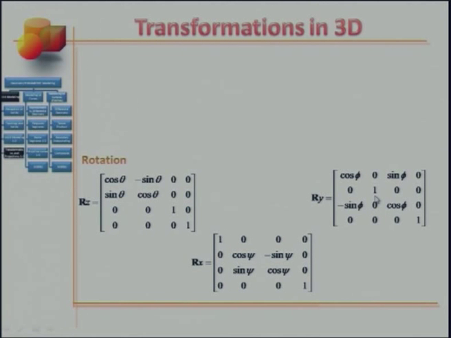So after y comes z, so I'll have cosine of phi here, and in the same row I'll have minus of sine phi in the first column, and then I'll have sine phi term here, and the same row, first column, I'll have cosine phi. All the other entries will be 0 except for this entry. If you practice a little bit and if you understand the concept, writing rotation matrices in 3 dimensions is not difficult.